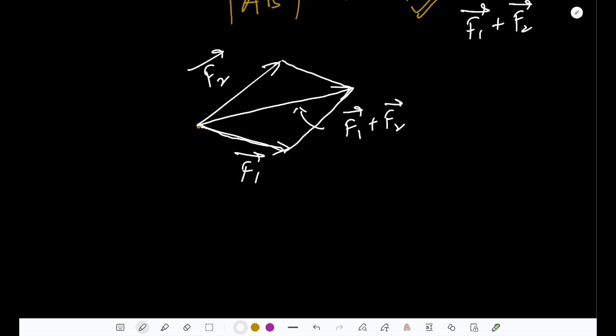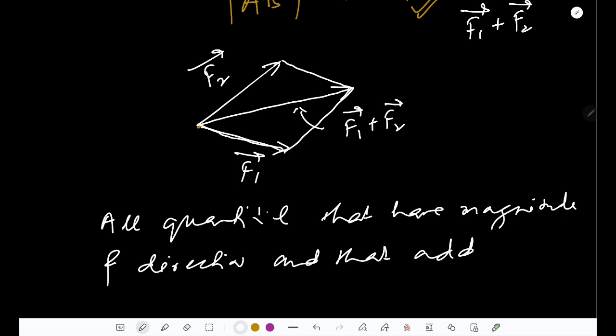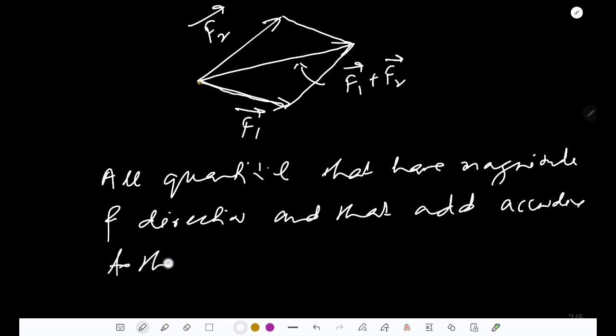If somebody asks you what a vector is, you can tell them that all quantities that have magnitude and direction and that add, never forget it, according to the parallelogram law are called vectors, or vector quantities.